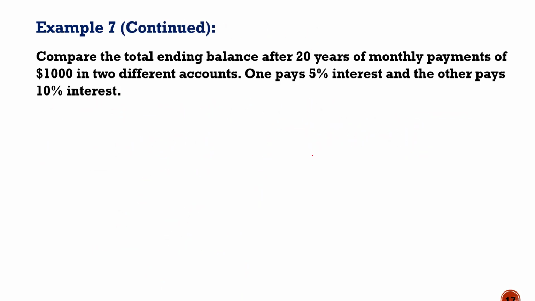For the 10% account, similarly, the regular payment is 1,000, and it's 20 years. The compounding period is 12.